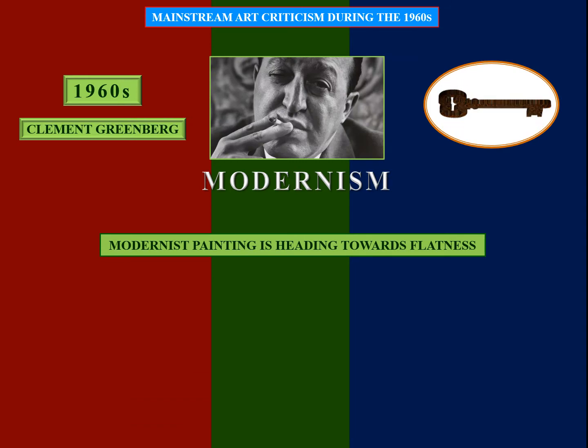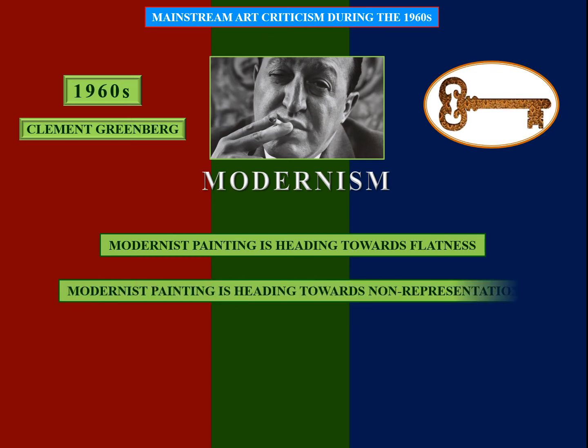Another key that Greenberg pointed out to be modernism is that modernist painting is heading towards non-representation. That too we've seen.